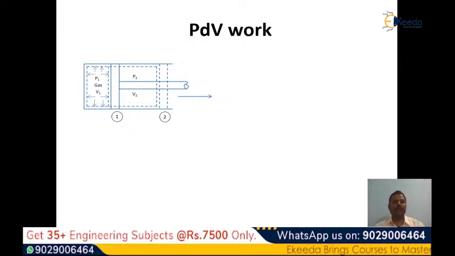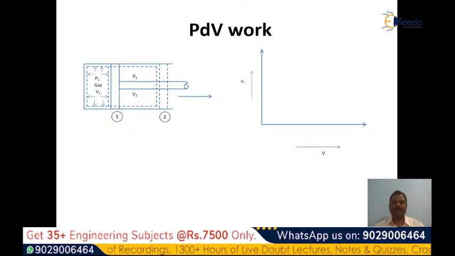Due to pressure, the piston moves out and is stopped at position 2, and once again it reaches thermodynamic equilibrium, with thermodynamic properties pressure P2 and volume V2. If it is plotted on a PV diagram, it can be seen like this.